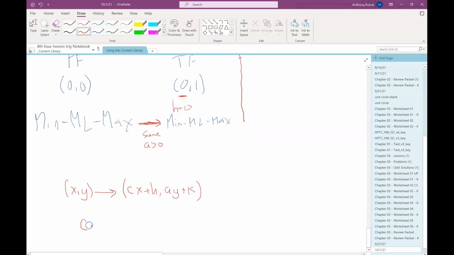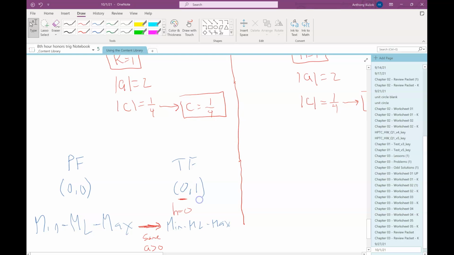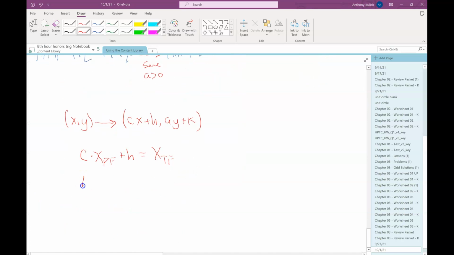So what this is saying is C times the x-coordinate from the parent function plus H should give me the x-coordinate from the transformed function. So in our situation, I have 1/4 times 0 plus H is equal to 0.